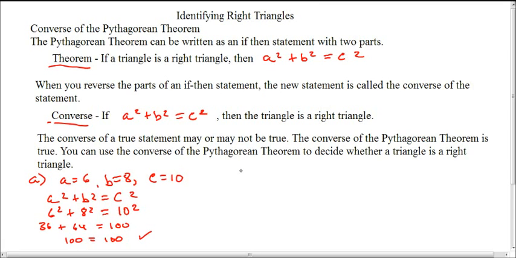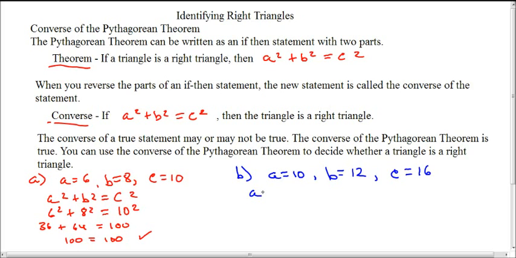So let's call this example B. For B, a is 10, b is 12, and let's try c is 16. Well, let's see.